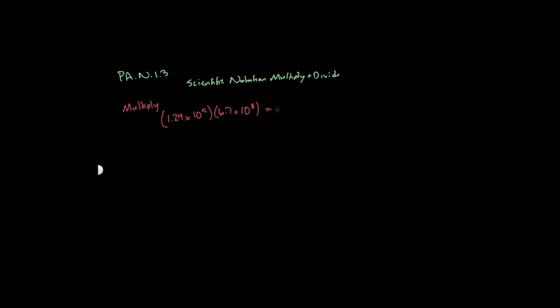You're going to type it into the calculator while in scientific, and you're going to get an answer that looks like this. If you're not in scientific, it should still give you the answer. You're just going to have to make sure that you're on it before you start.